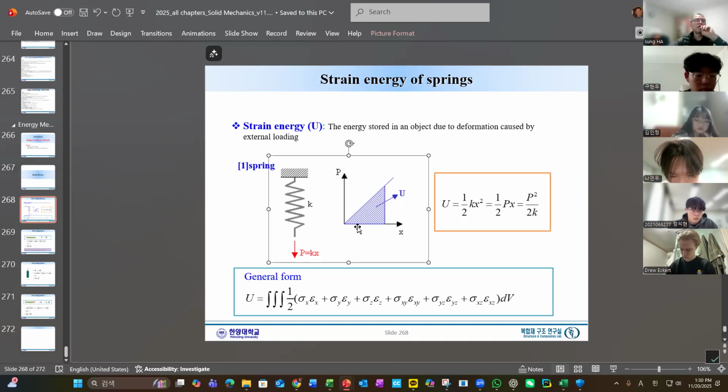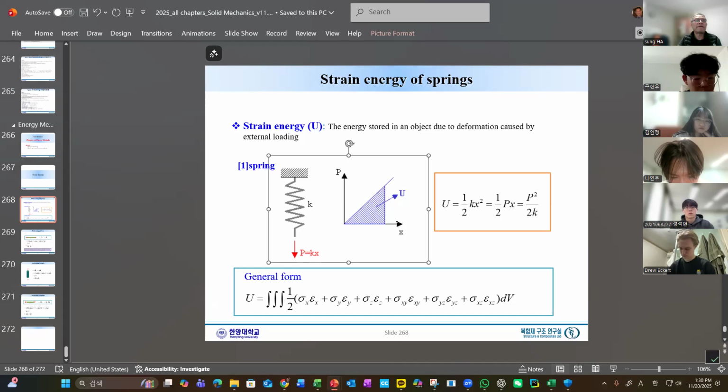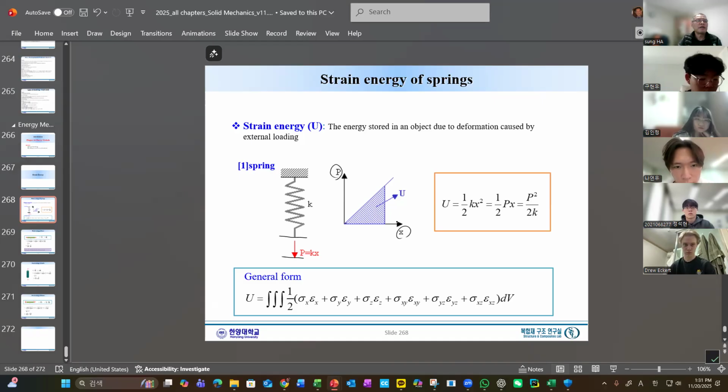So if we plot P versus x, this is what I meant by generally increasing from 0 to the P level. Forget about the definition of strain, but for P and x, we always start from here, and then gradually apply until we reach a certain level.